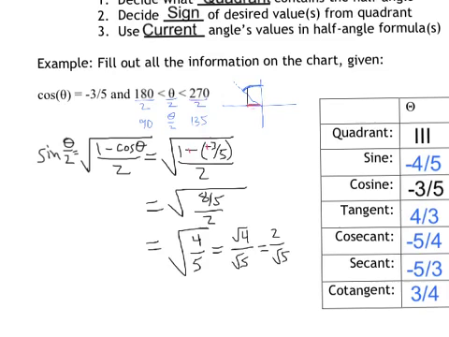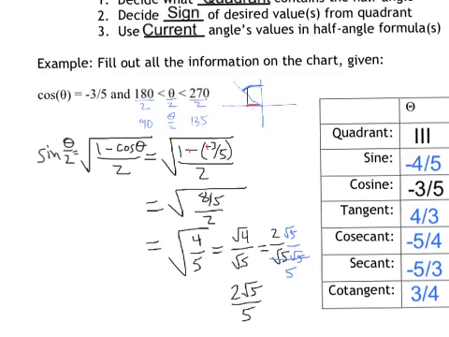And if it were up to me, I would just be done, but the rules for simplest radical form require no square roots in the denominator, and so the way to get rid of them would be to multiply top and bottom by square root of 5, and that gives me 5 on the bottom and 2 square roots of 5 on top. And so final answer for sine of theta halves is that it's either a positive or a negative 2 square roots of 5 over 5.